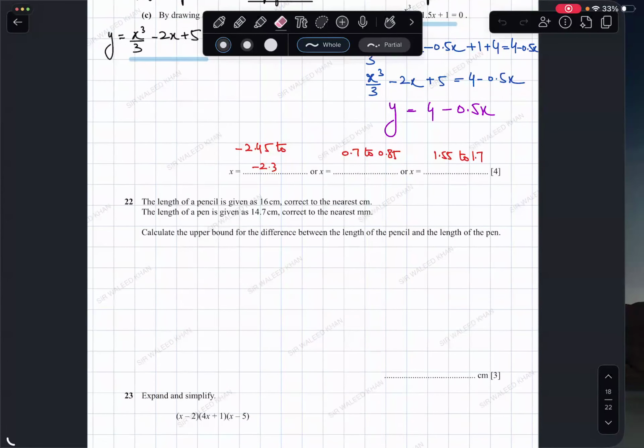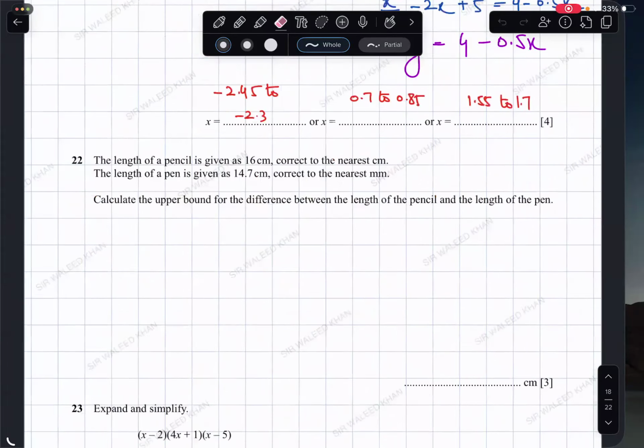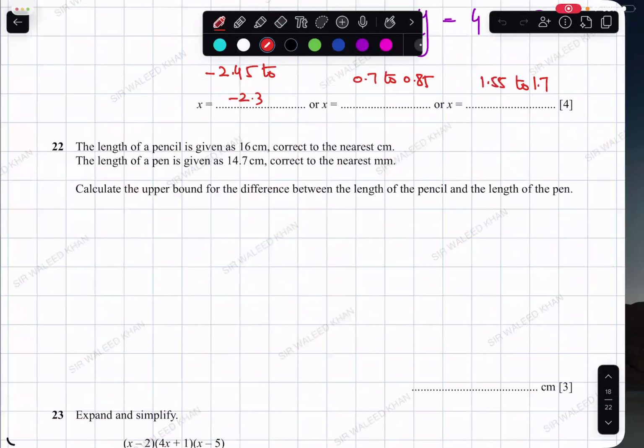Question number 2. The length of a pencil is given as 16 centimeter, correct to the nearest centimeter. So our accuracy is 1 and our error is 0.5 centimeters. Then for the length of a pen, the accuracy is 1 millimeter and error is 0.5 millimeter.